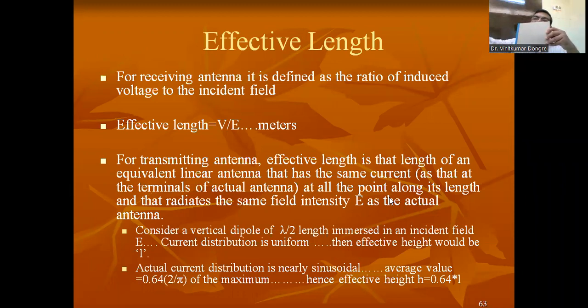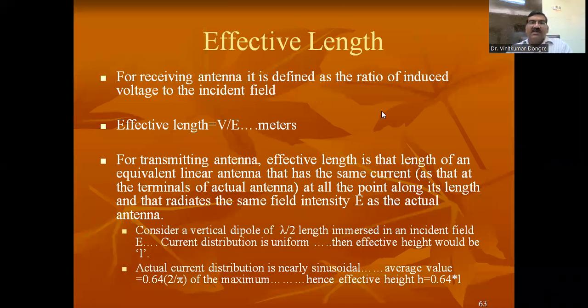The electromagnetic waves are there and voltage is induced. You can measure the physical length of this antenna, but it is induced by the electric field, and by that electric field, how much voltage is induced in this? So how can we consider this?